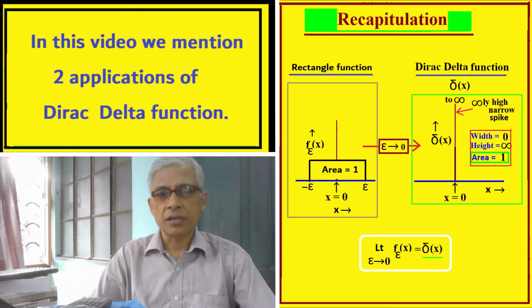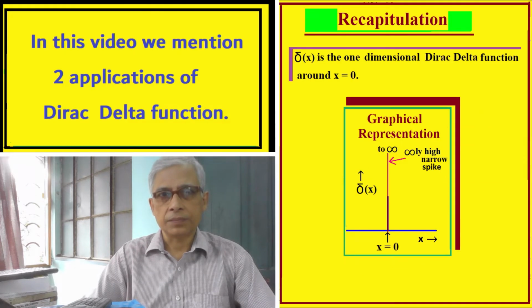We derived it starting from a rectangle or a box that enclosed unit area, and we saw how the rectangle turns into a Dirac delta if we reduce its width indefinitely but carefully and steadfastly hold on to its area magnitude, which was set at unity. So this is the graphical representation of the Dirac Delta function around x equal to 0.